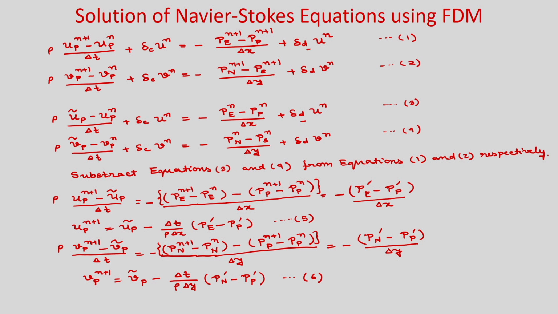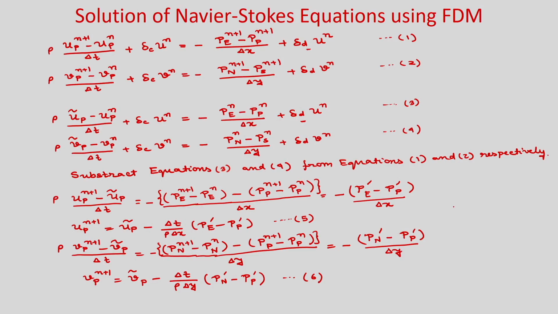Okay. So, after subtracting, we got some relation between the provisional velocity and the corrected velocity u p n plus 1 in terms of pressure correction. Now p p prime we have written as p p n plus 1 minus p p n.